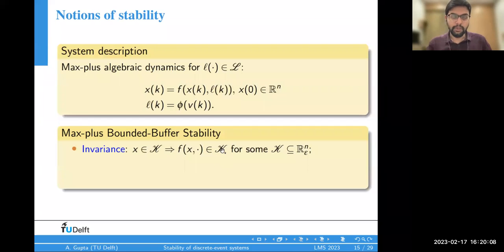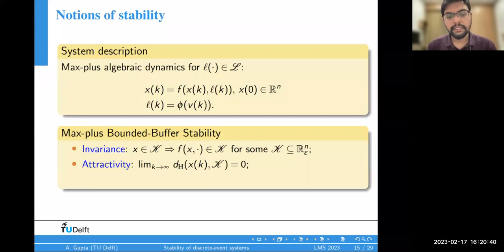And that is what I use in place of an equilibrium point. So for instance, for a max plus linear system, this could be the max plus eigenspace of the system. That max plus eigenspace of a max plus linear system is invariant. So if I start on a max plus eigenvector, then I will remain at that particular max plus eigenvector.